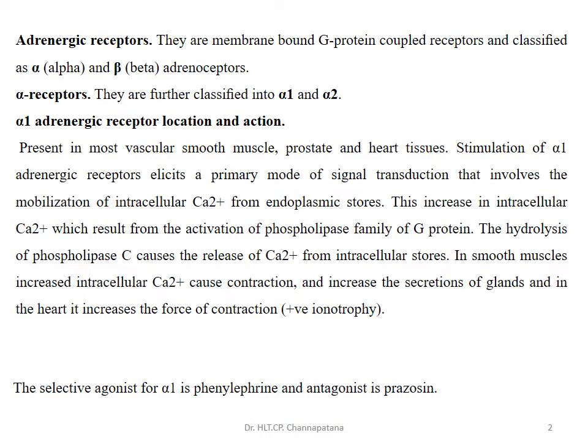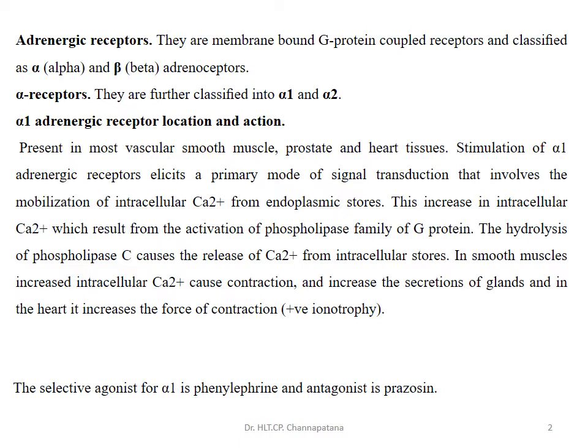First we will see the alpha 1 adrenergic receptor, where it is located and what the actions are. Alpha 1 adrenoreceptors are present in vascular smooth muscles, prostate glands, exocrine glands, and in the heart tissue.